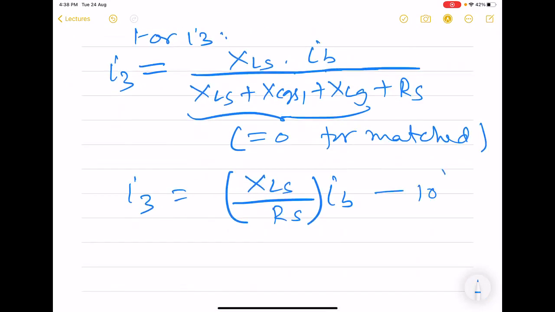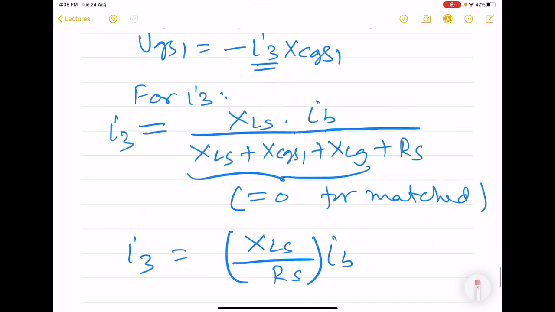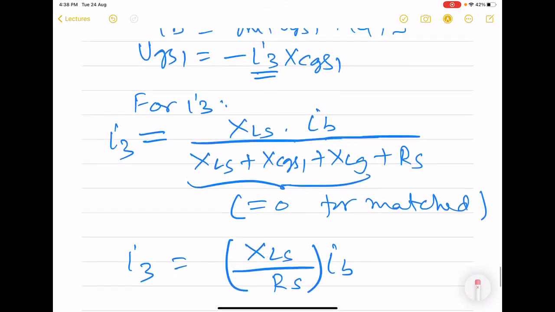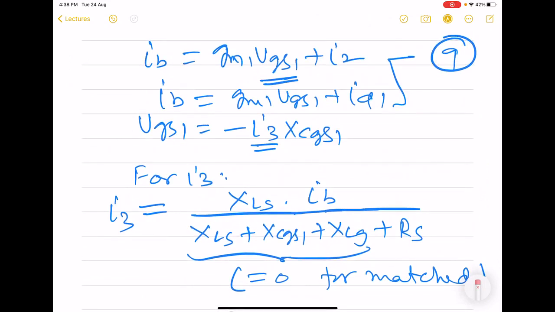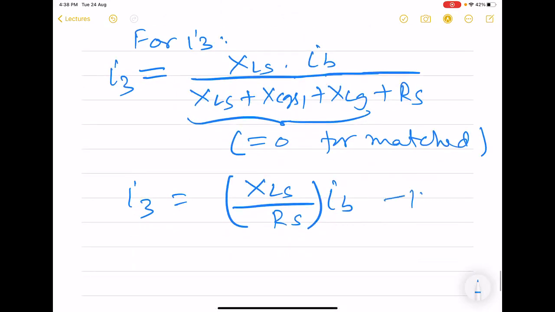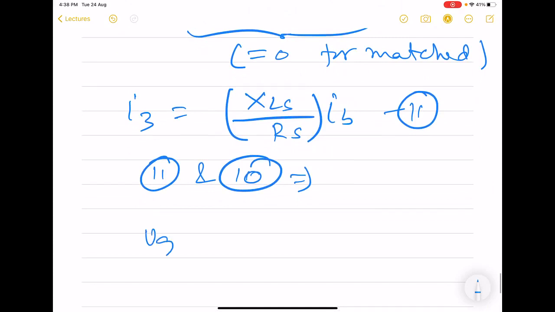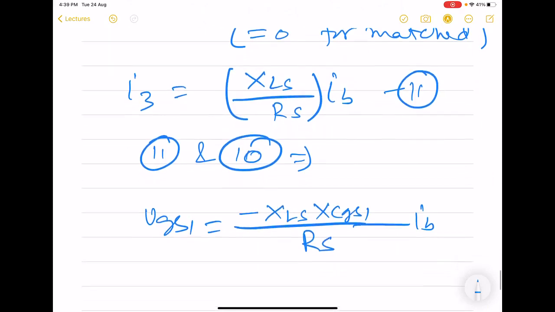And you can use this one in this equation to get VGS1. So we can call this as 10, this as 11, 11 and 10 imply VGS1 is equal to minus X LS X CGS1 IB divided by RS.